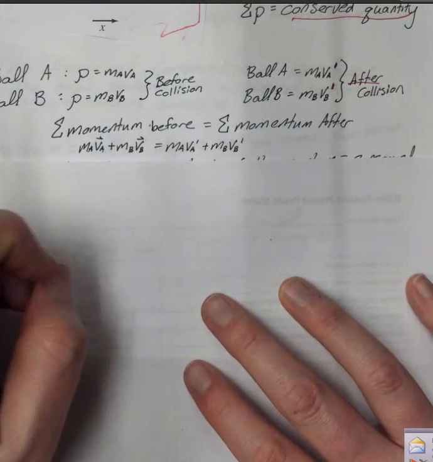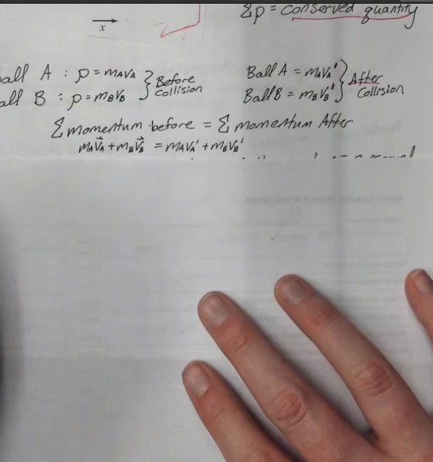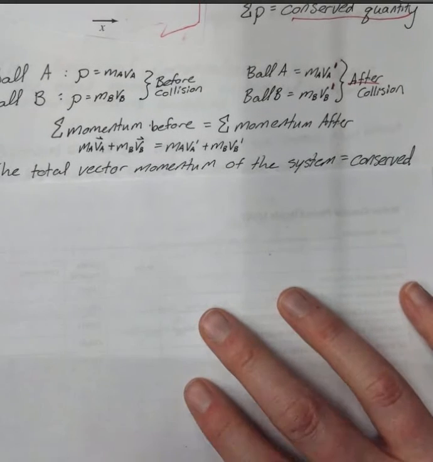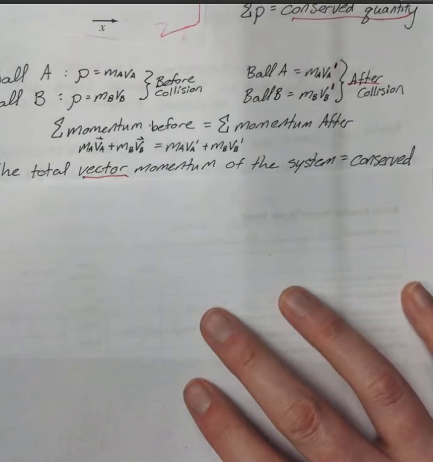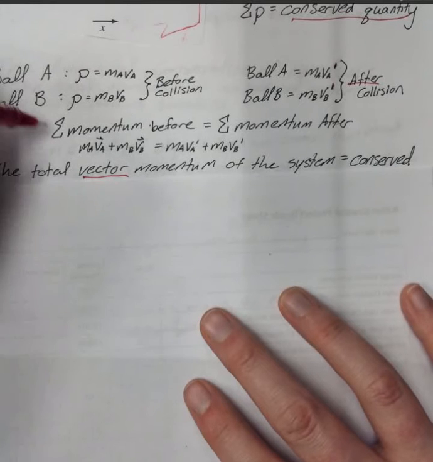Regardless of what the values are, if momentum is conserved, this has to be true, because a conserved quantity does not change value. Remember, momentum is a vector quantity and it will have positives and negatives, so we're talking about vector addition in our sums. So the total vector momentum of the system will be conserved.